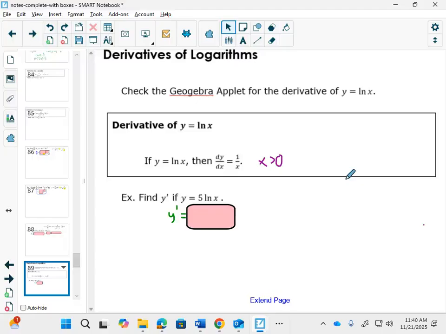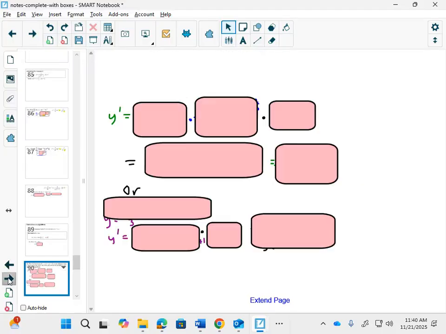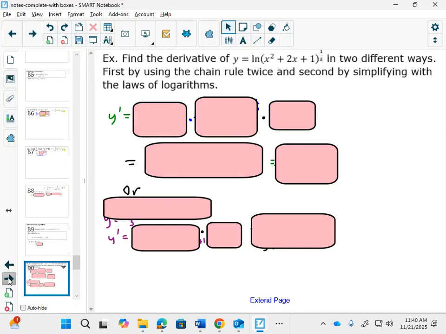So we've done questions like this before. No problem. 5 times 1 over x. So these first two questions are just a bit of review of doing logarithmic graphs, but now we might have chain rules.